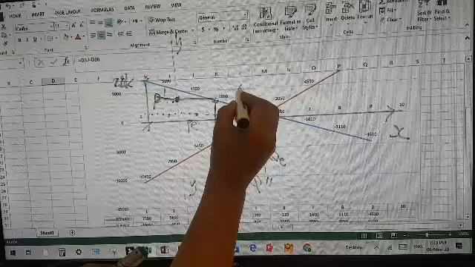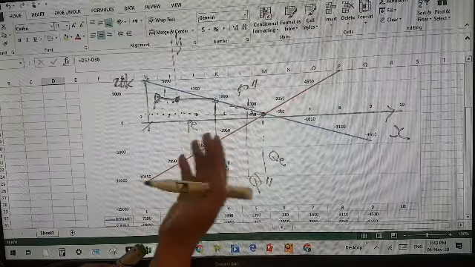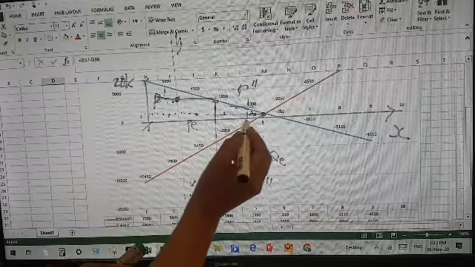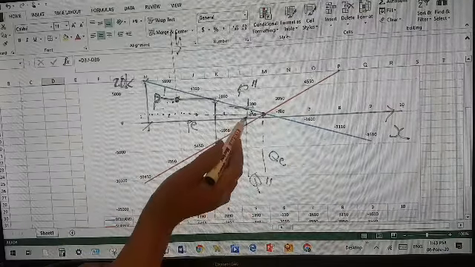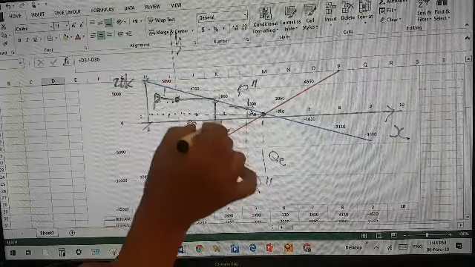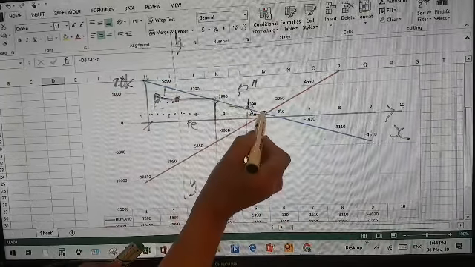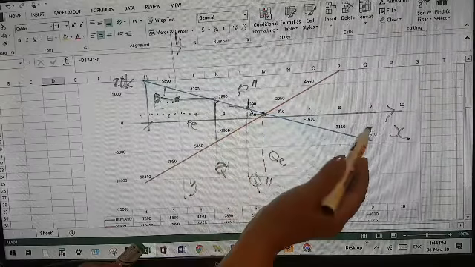This is your P double prime. What happens? It's increasing, yeah, from 0 to 10. This is our x-axis. So it's increasing in quantity. While the price is going down nearer to the equilibrium, the quantity increases.